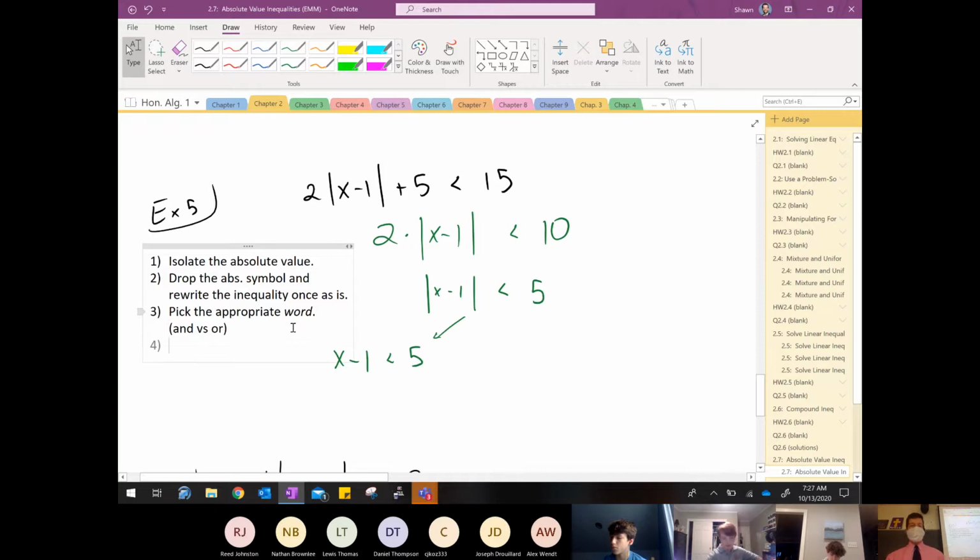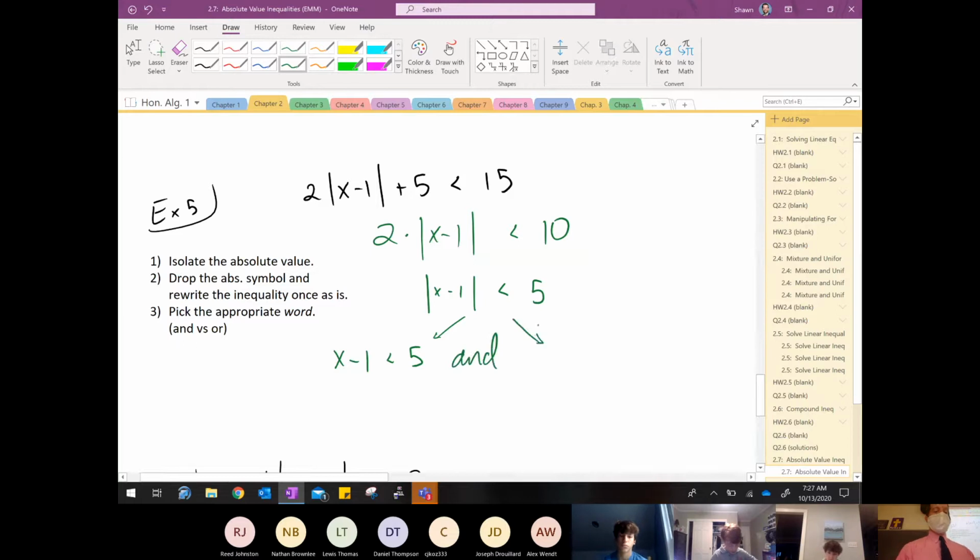Let's see here, Joey, do you know which word we should use here, considering this is absolute value of x minus 1 is less than 5? And. Very good. It's less than, right? Did you hear what I emphasized there? If I've got absolute value of x minus 1 is less than, then I can now pick the appropriate word. And so I'm going to put an and in the middle.